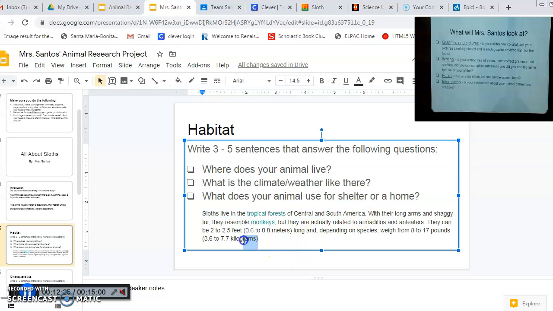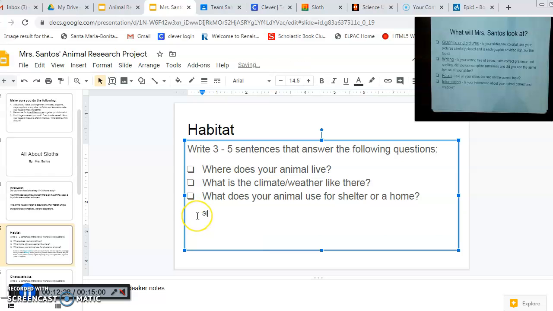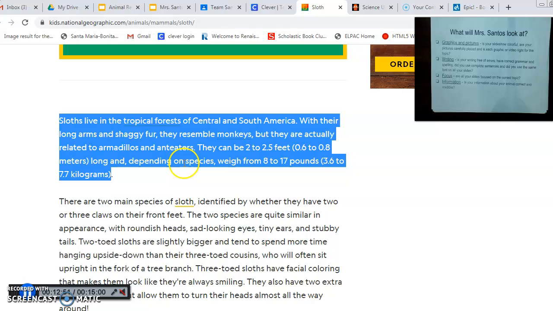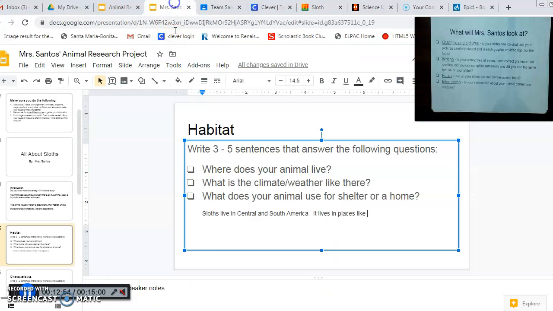Well, I can say sloths live in Central and South America. It lives in places like, let's see, it lives in places in the tropical rainforest.